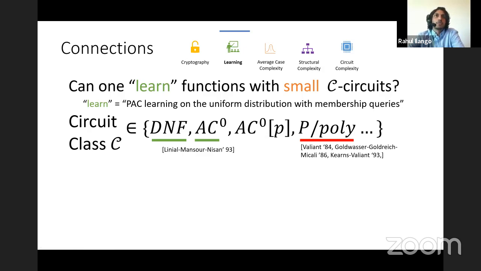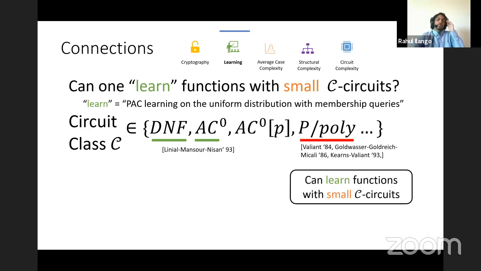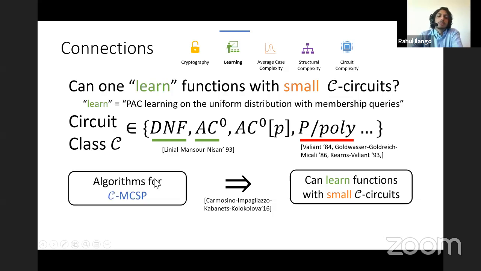And it was resolved using a connection to MCSP. What Carmosino, Impagliazzo, Kabanets, and Kolokolova realized was that you can actually learn functions with small C circuits if you have algorithms for C-MCSP. So C-MCSP here is just the minimum circuit size problem for a restricted class of circuits. Like, what's the smallest DNF for computing a truth table, or what's the smallest constant depth circuit for computing a truth table?